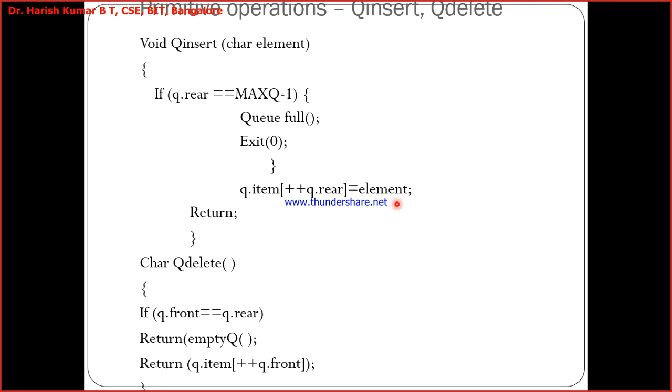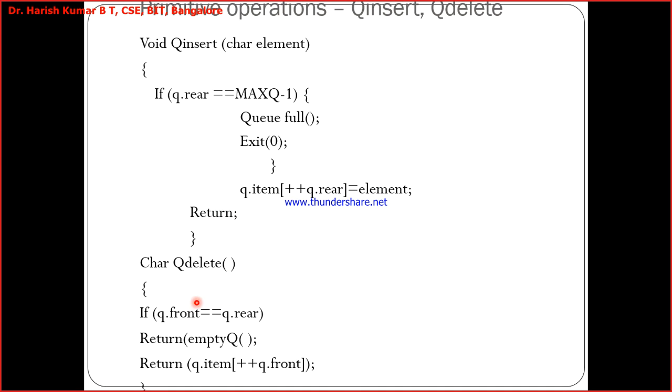Have people understood this statement now? Yes. So items is inside the structure, and to access it you use q dot items, and rear is also inside the structure, so to access it you use q dot rear. You are pre-incrementing that and equating it to element, and then finally returning.